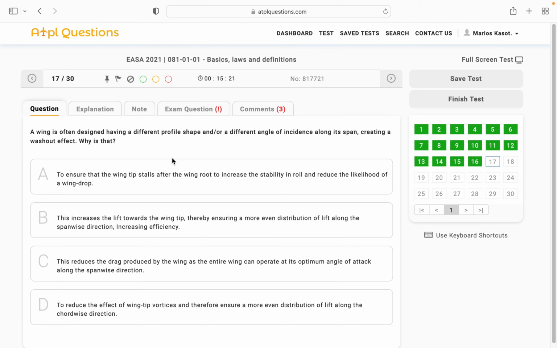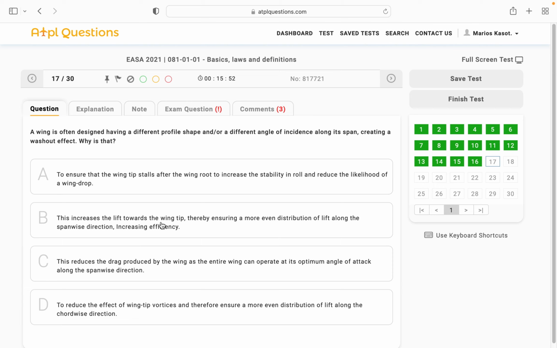A wing is often designed having a different profile, shape, or a different angle of incidence along its span, creating a washout effect. Why is that? To ensure that the wing tip stalls after the wing root, to increase the stability roll and reduce the likelihood of a wing drop. This sounds perfect.